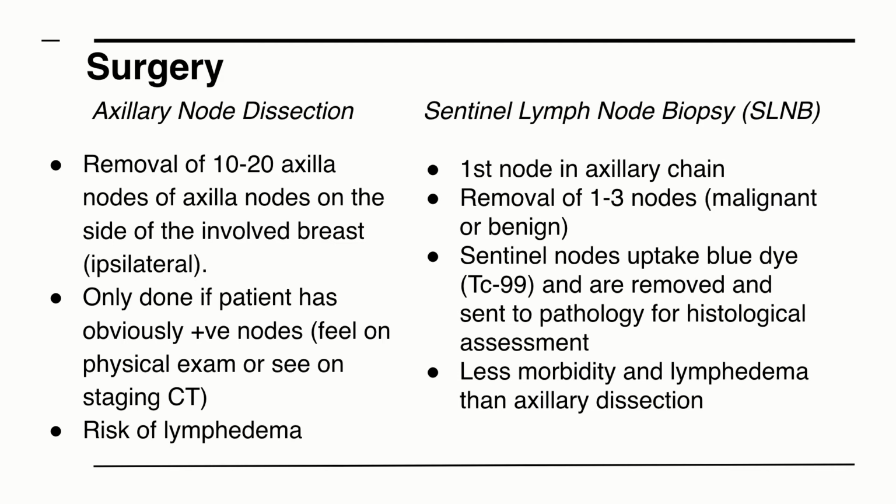So this is really important because, like we said, lymphedema is a huge issue in terms of quality of life for these patients. And if we need to do a full axillary node dissection, that is a huge challenge for patients going forward. They are looking at physical therapy for quite a long time.